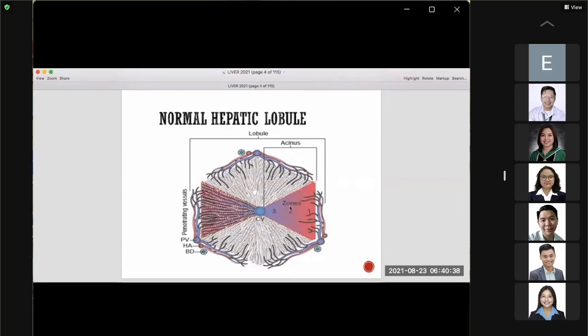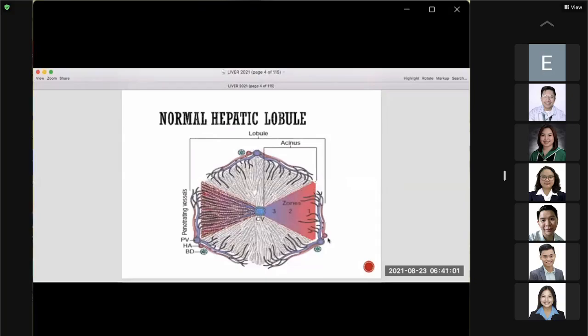Next to it is zone 2, and then the farthest zone from the blood supply is zone 3. So you would expect that if there is derangement in the vascular supply, the zone 3 area is the one that is first affected.